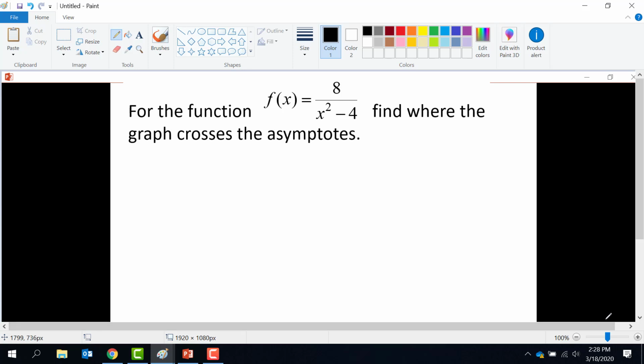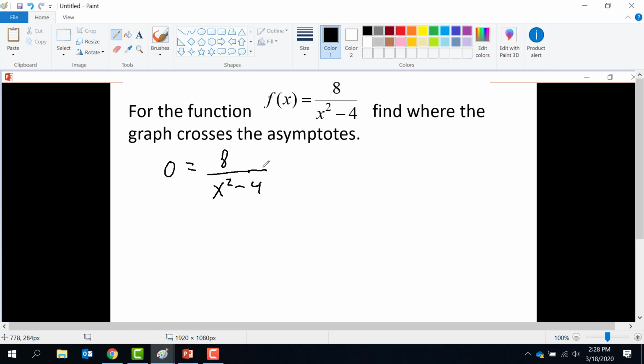Okay, so we figured out in the last slide that the horizontal asymptote is y equals 0. So to figure out where the output is 0, we just substitute in 0 for the output, and you get 0 equals 8 over x squared minus 4.